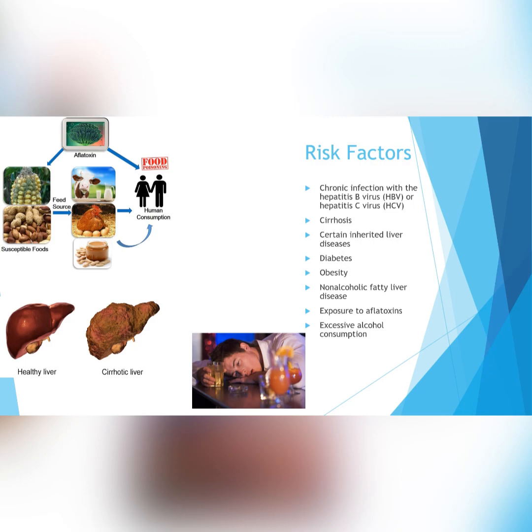Aflatoxin can exist in foods like nuts and corn, so maybe you ingest aflatoxins in some way as food. So it's a human consumption risk. And excessive alcohol consumption.